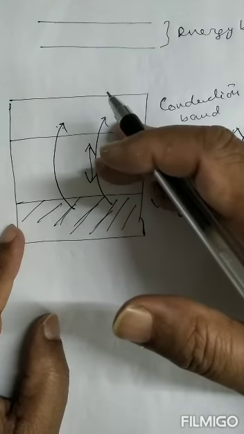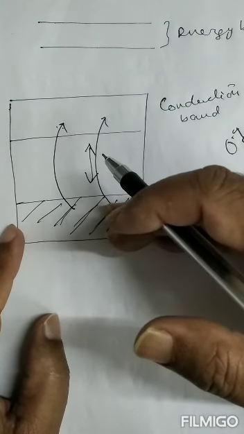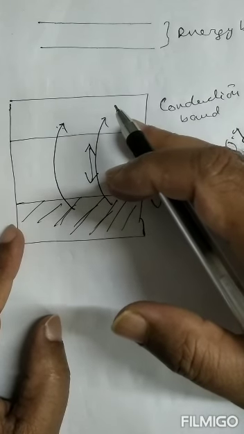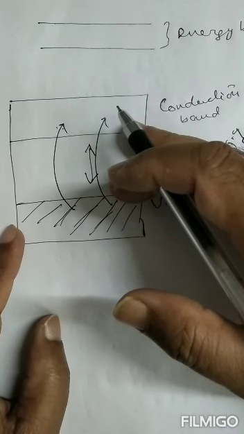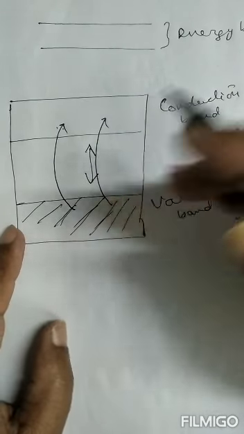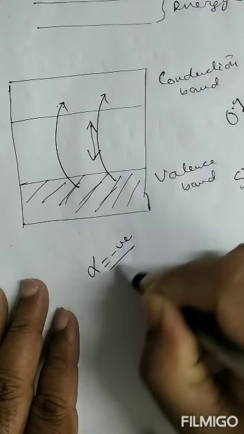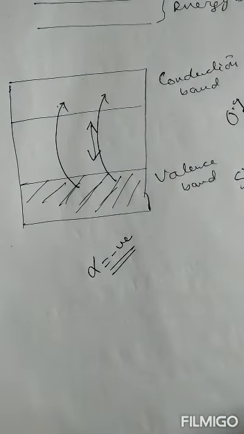Since the number of electrons in the conduction band increases with increasing temperature, the conductivity increases. As the conductivity of a semiconductor increases with rising temperature, its resistivity decreases. That is why alpha is negative for a semiconductor. What is alpha? The temperature coefficient of resistivity.